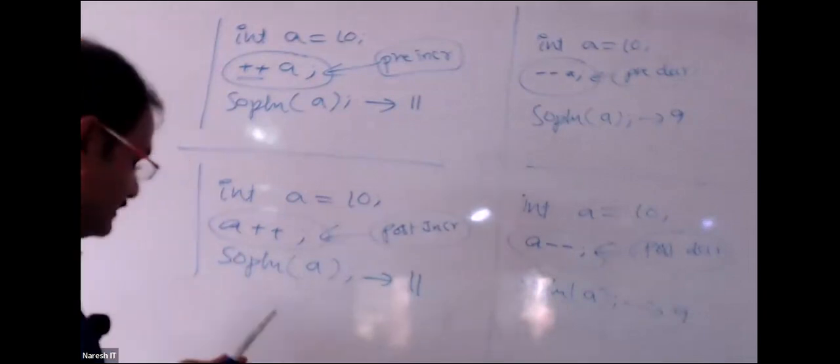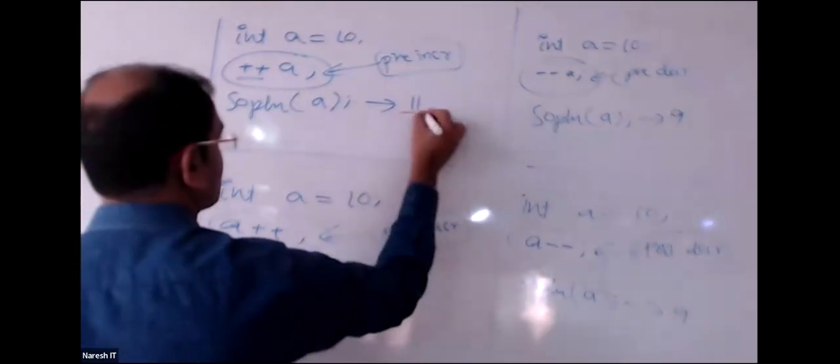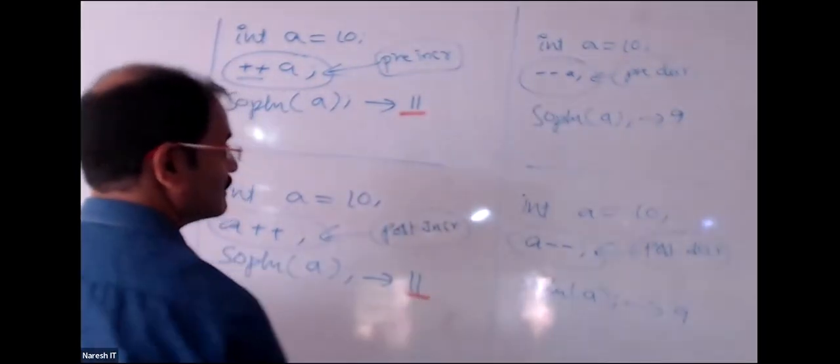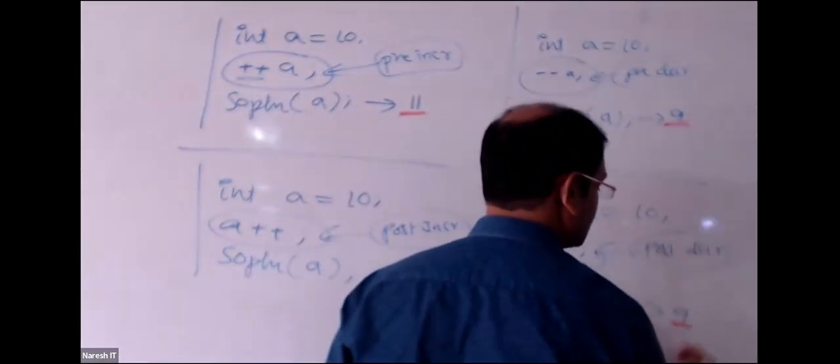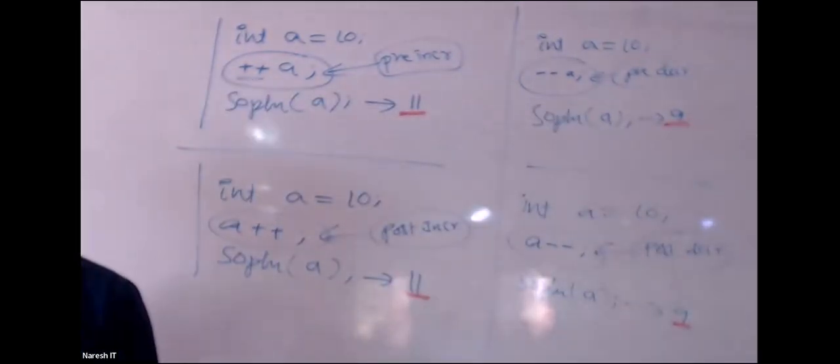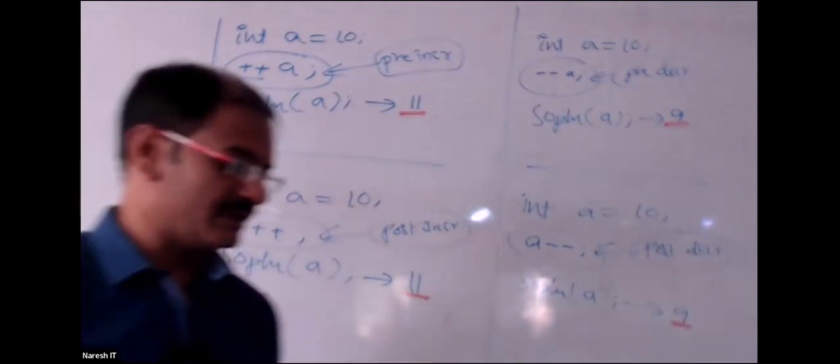So for pre-increment and post-increment we got 11. For pre-decrement and post-decrement we got the value 9. Then what is the difference between these two operators? Okay. First write this down, I will explain.